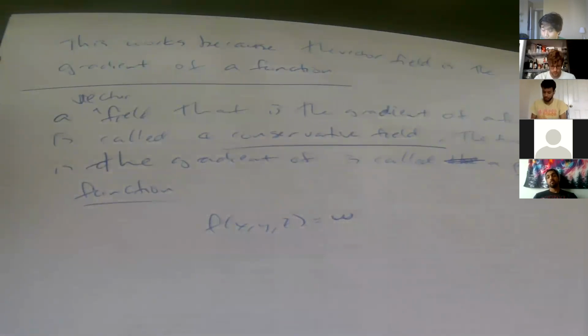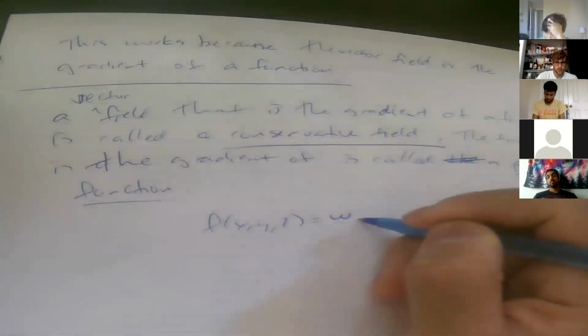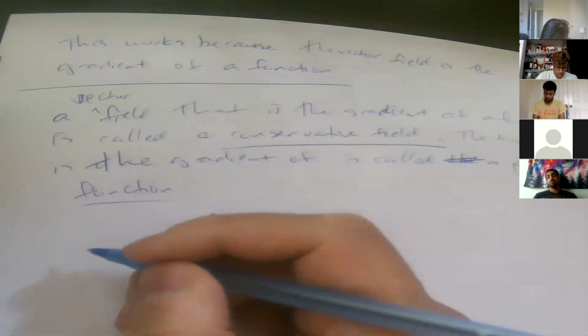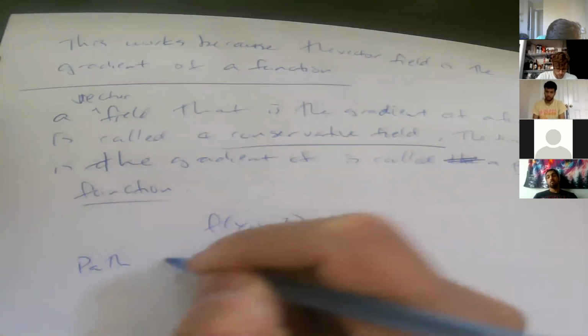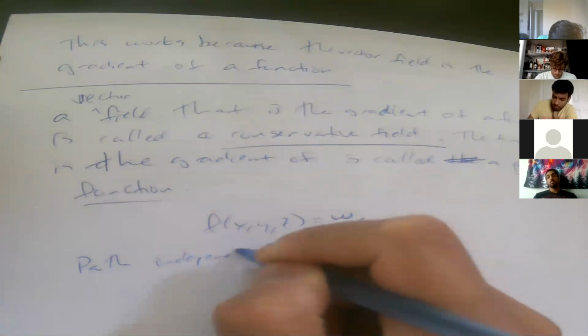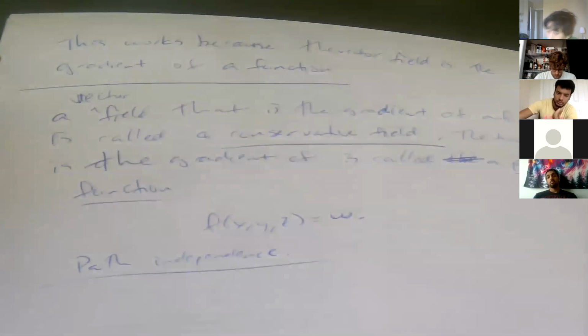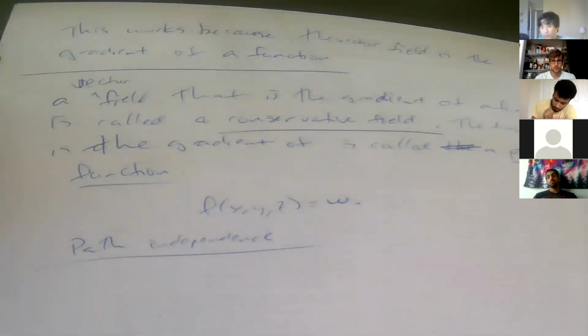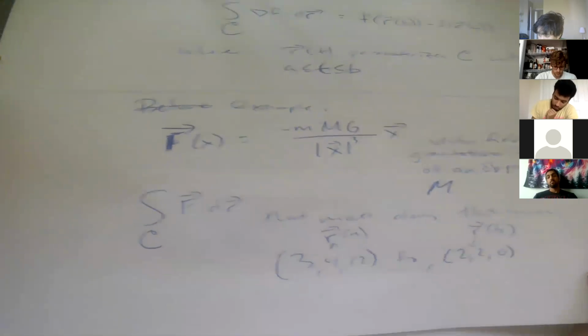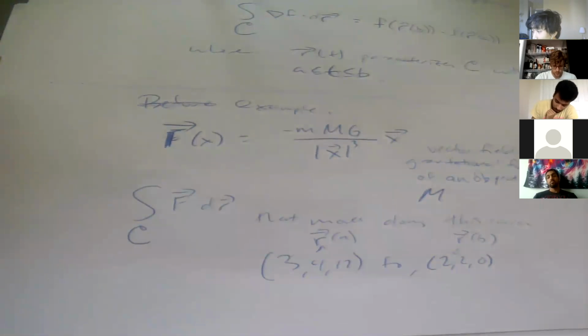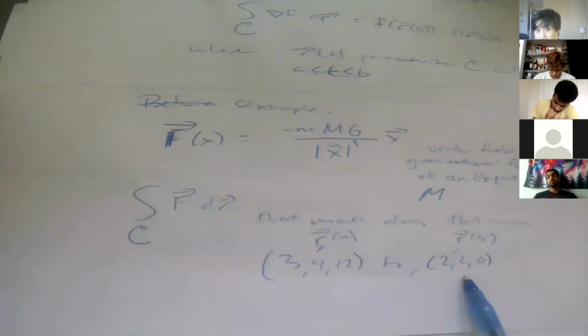That is why it's conservation of energy. Okay? So let's look at something that we kind of skirted under the rug. It's called path independence. And why did I say we skirted this under the rug? If we look back at this problem, all we did was move from this point to this point. I didn't tell you how we got there.